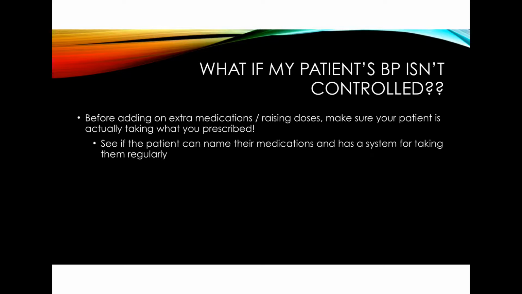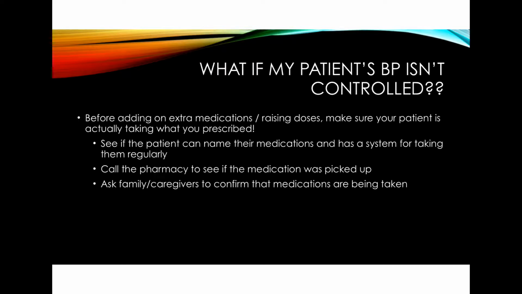You can do this by asking the patient directly to name their medications and how they take them, to call the patient's pharmacy to make sure the patient has actually been picking up their medications, to check their pill bottles, to ask family and caregivers to confirm that the patient is taking their medications, and to ask about any side effects that the patient might be having that would be limiting their ability to stay adherent to their regimen.